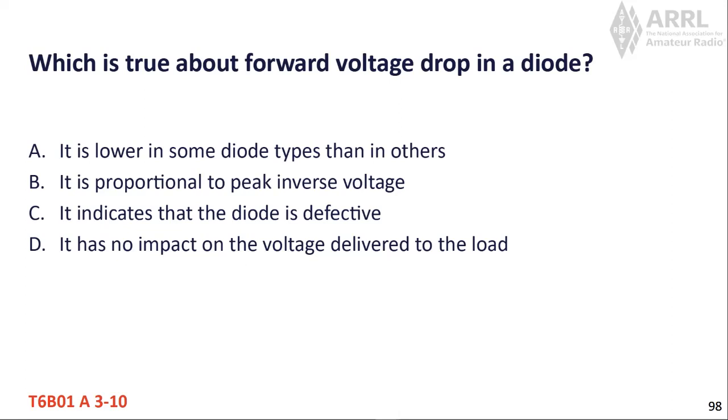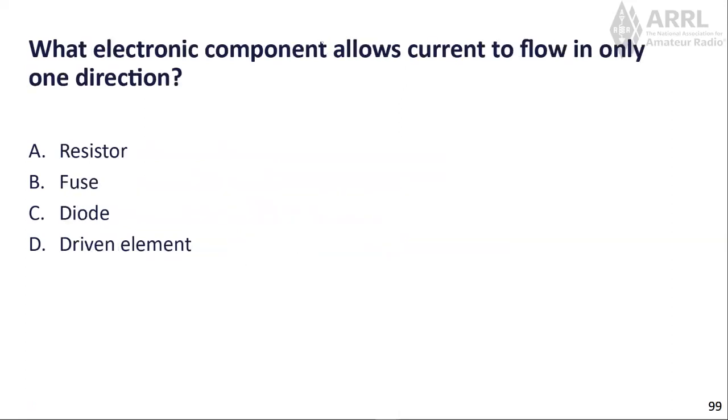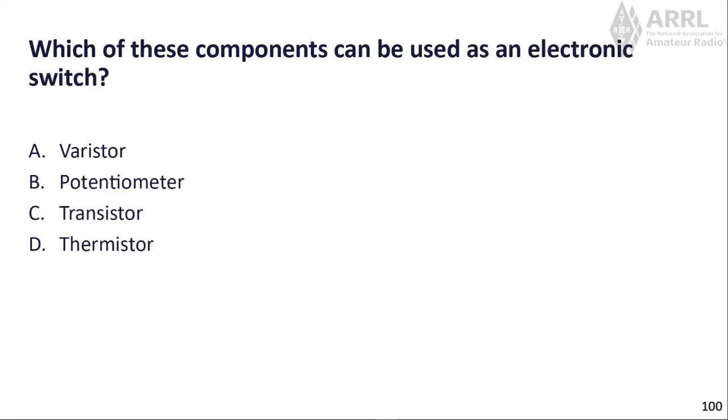That's what most diodes are, but you do see some that are as low as 0.3 volt forward drop. Okay. What electronic component allows current to flow in only one direction? That would be a diode, answer C.